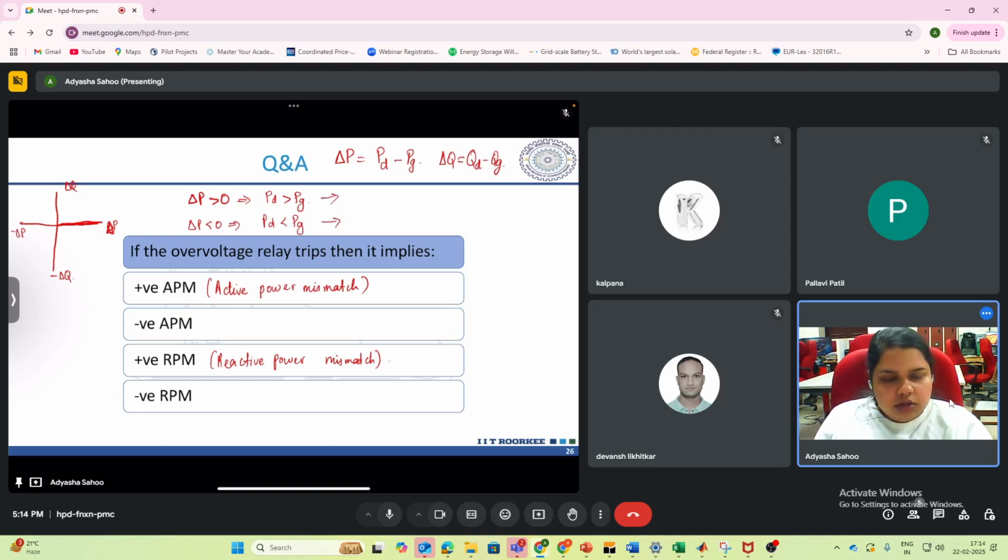So under this condition, what will be the voltage? Which case will be the under voltage one? Which one will be the over voltage?